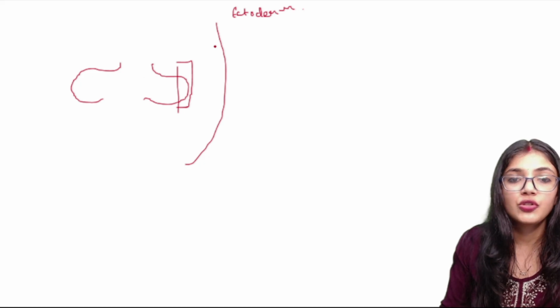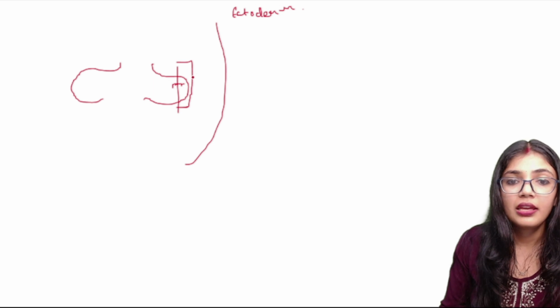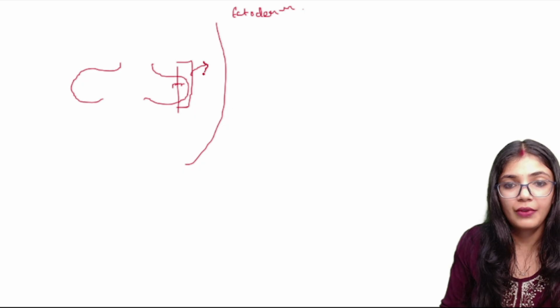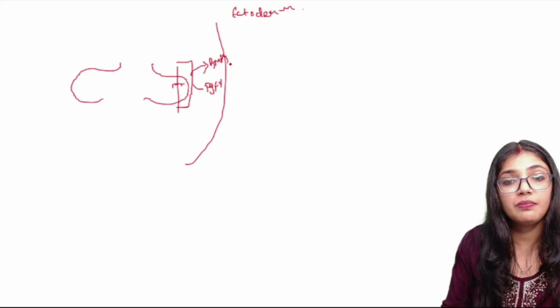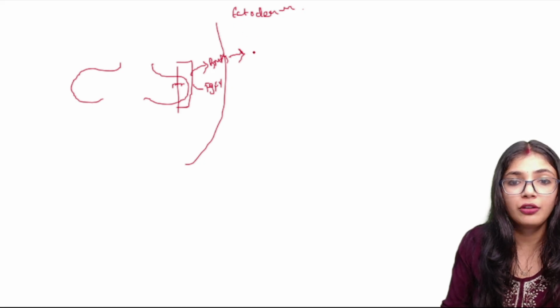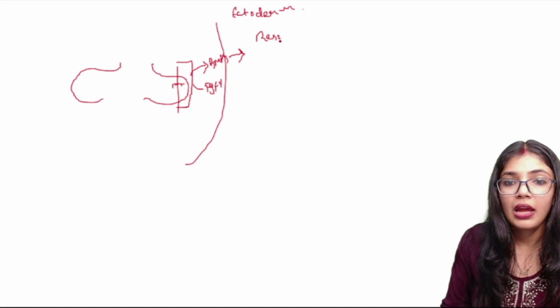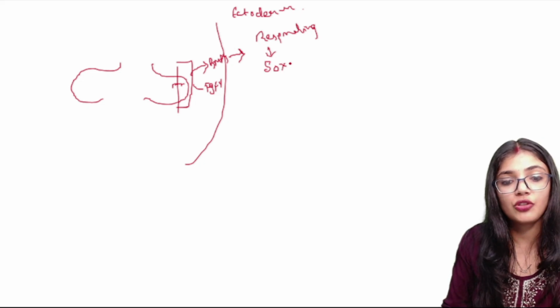After getting the signal, the optic vesicle will give two signaling factors, BMP4 and FGF8. The BMP4 will be transferred to the ectoderm, and in response it will help in the formation of another transcription factor, which is known as SOX2.